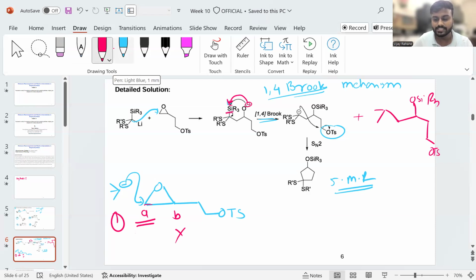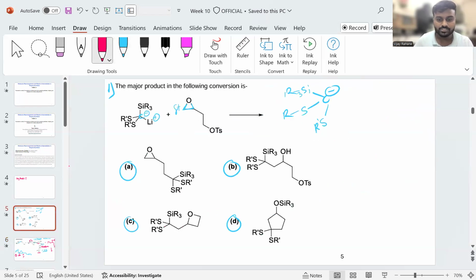As you can see here, this SN2 attack is intramolecular. However, five-membered ring formation drives the intramolecular fashion, which is preferred over the intermolecular attack, and it leads to the formation of this five-membered ring, not the other option, that's the dimer product of these species. Therefore, among these options, option D is the correct option here.